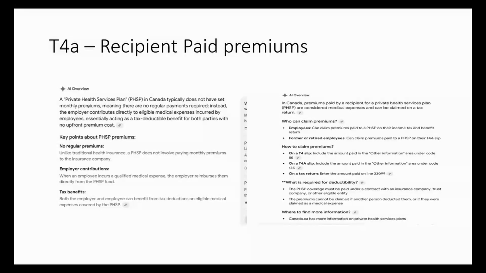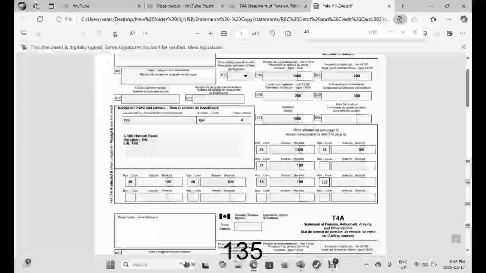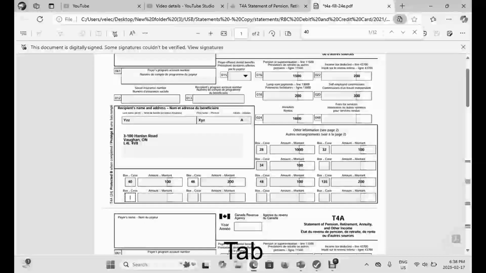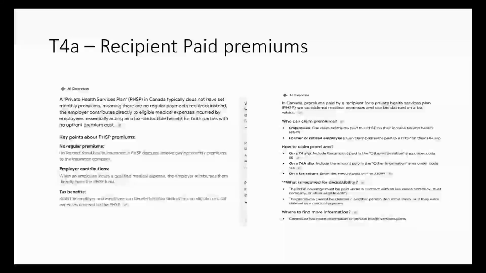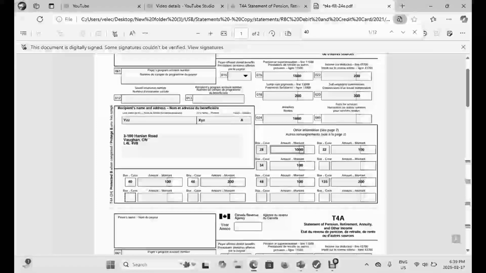On a T4A slip, include the amount paid in the other information area under code 135. So again, the other information code 135. You will type in code 135 over here and say, hey, listen, I want to claim my dental care benefit. So dental care will be $200. Anytime you have eligible expenses, you list that expense over here for you to claim on your T4A.